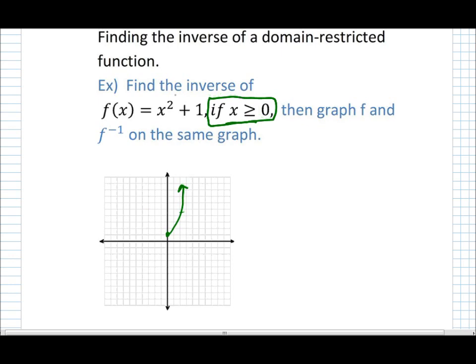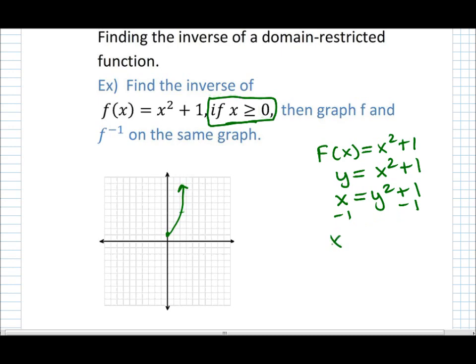So what it wants us to do is find the inverse. So if we find the inverse by putting in y for f of x, switch the x's and y's, and then solve for y. So we subtract 1, and then take the square root of both sides.